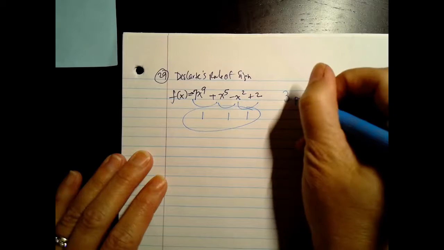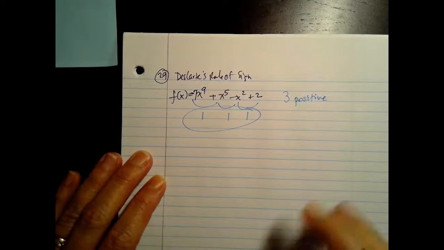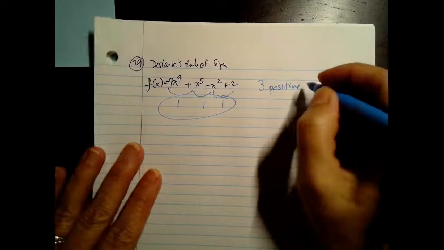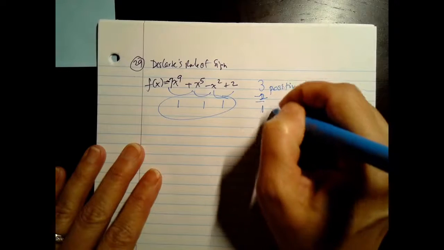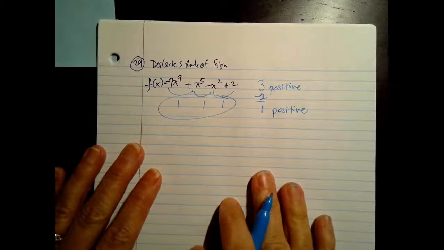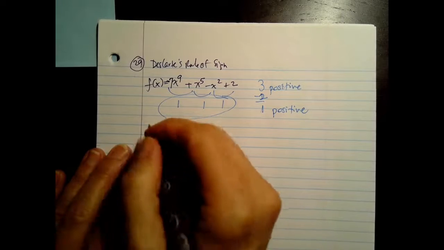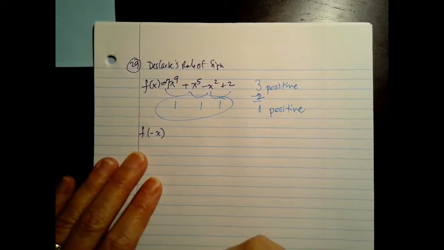So that means that we have 3 positive real zeros, and then remember you subtract 2, and so you could also have 1 positive. So then to check, we can substitute in minus x.